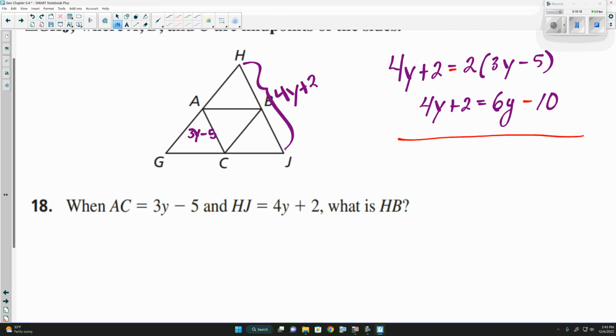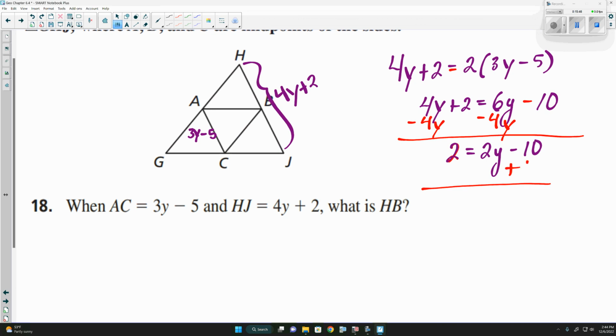Now, if they told us that 4y plus 2 was HB, we would just set them equal. Because if it told us it was HB or BJ instead of HJ, they told us it was one of the two, we could just set them equal and solve. At this point here, we could subtract the 4y from both sides, telling us 2 is equal to 2y minus 10.